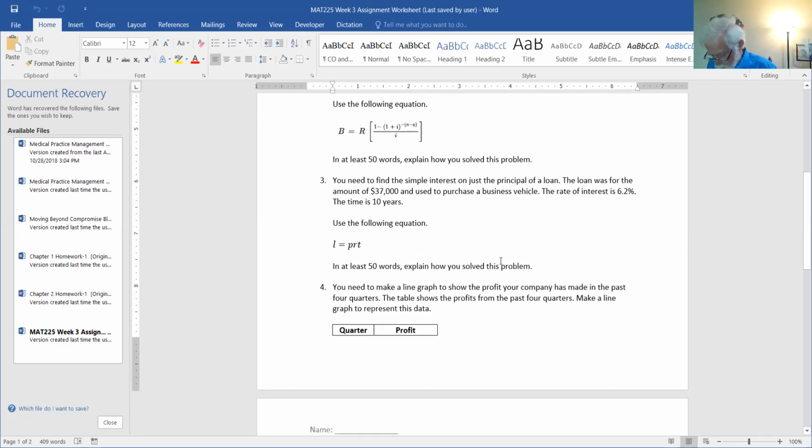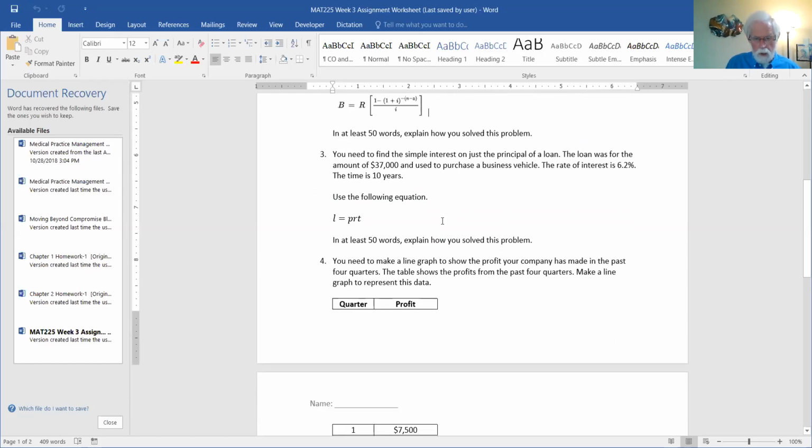I went through this a couple of times and figured this out, so it does work, and it does even make sense. So that's what you'll be working on in the assignment.